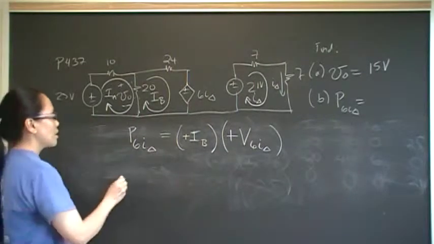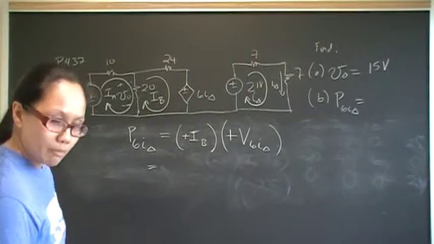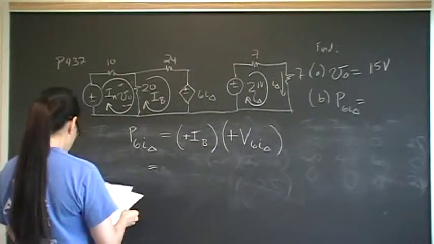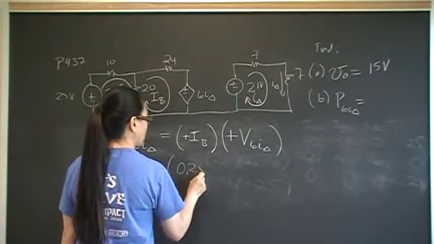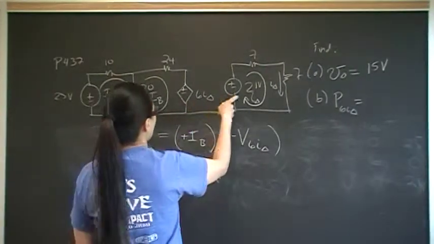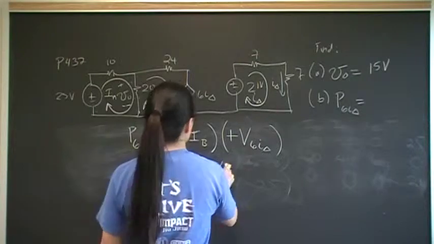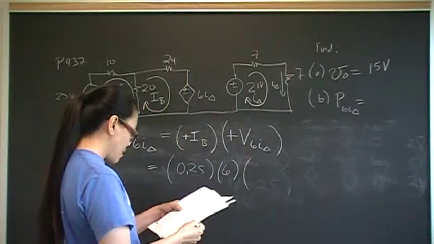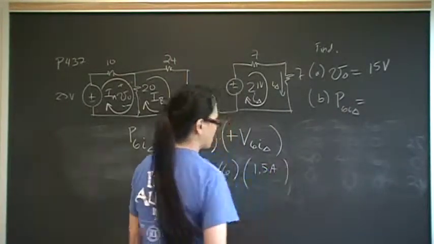the terminal. So IB is 0.25, and this voltage takes its value from I delta, right? So it's going to be positive 6 times I delta, and I delta we said was 1.5 amps.